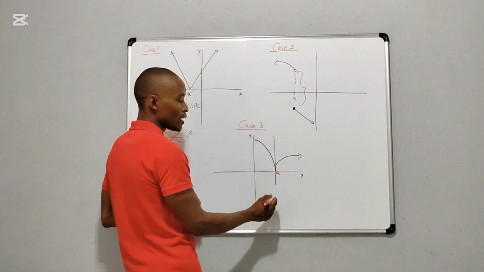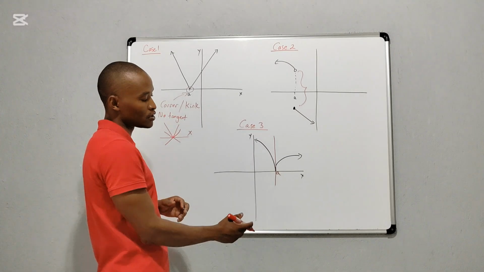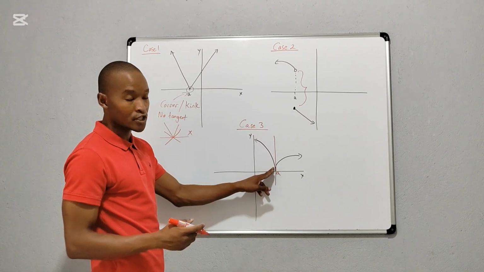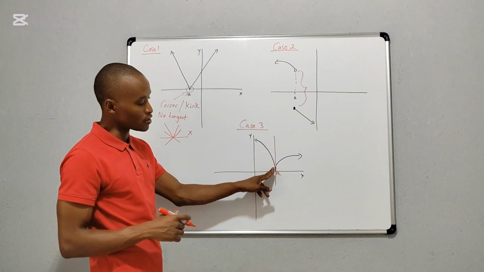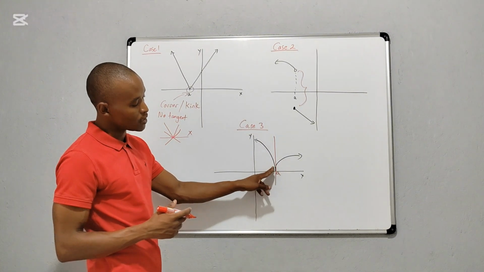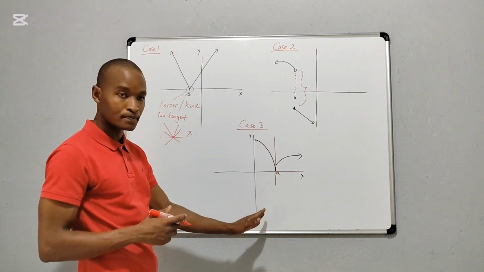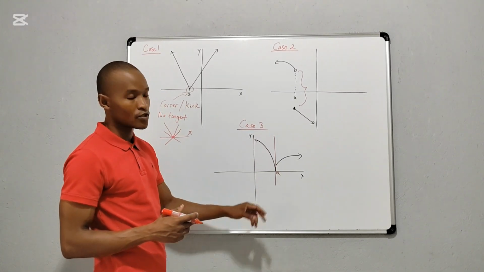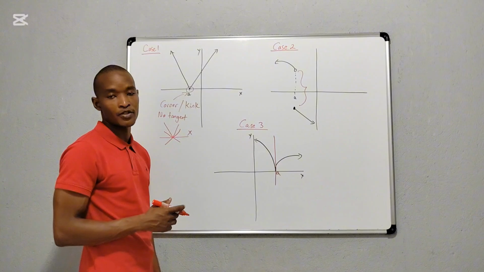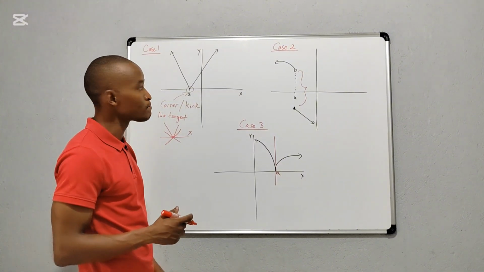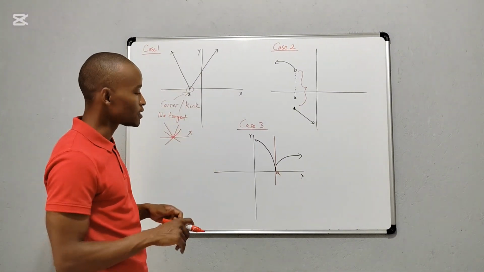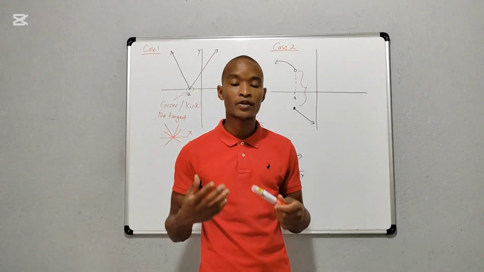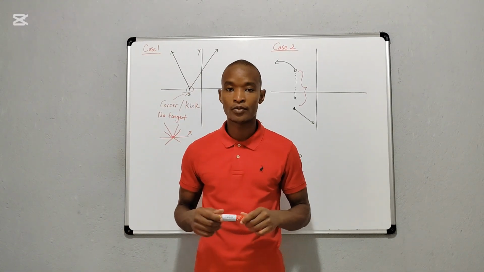But at this point A, when you have a vertical tangent, in piecewise defined functions or other types of curves, then because the gradient of a vertical line is undefined, that function won't be differentiable at that particular point as well. Okay, so this takes care of the 3 cases that you need to be aware of in terms of the type of curves that will fail to be differentiable.